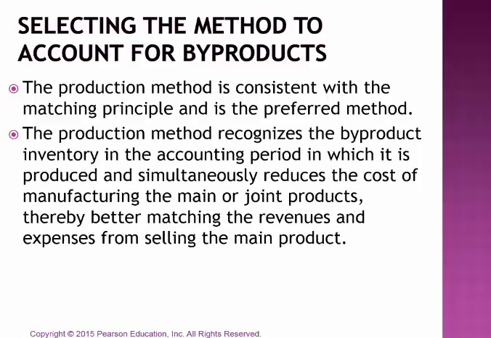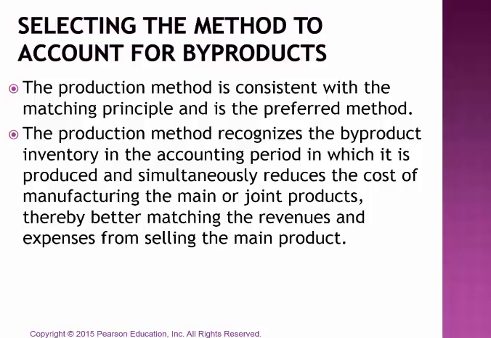The production method recognizes the byproduct inventory in the accounting period in which it is produced and simultaneously reduces the cost of manufacturing the main or joint products, thereby better matching the revenues and expenses from selling the main product.